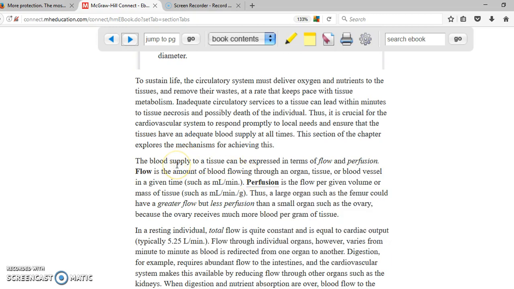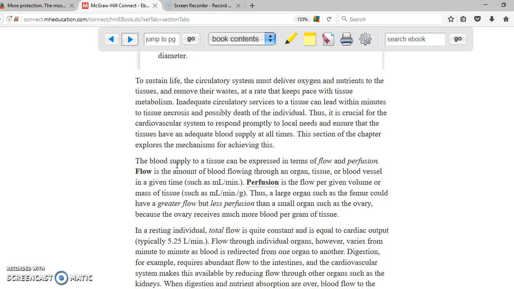So, for example, you have a bone and you have the ovaries. So let's say we have 5 liters of blood. 5 liters of blood goes through the bone. 5 liters of blood goes through the ovaries. But overall, the ovaries have a smaller size than the bone. So therefore, the ovary gets the 5 liters, but the perfusion, which is the amount of nutrients and oxygen that it's going to get, is more than the amount of nutrients and oxygen that the femur, for example, is going to get.